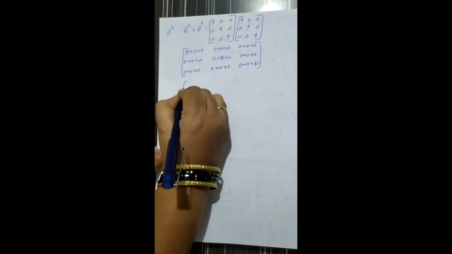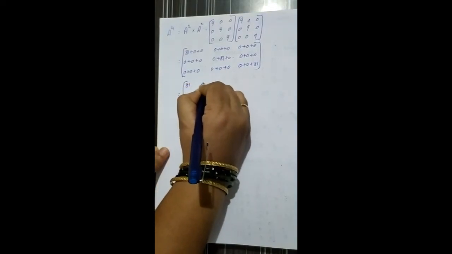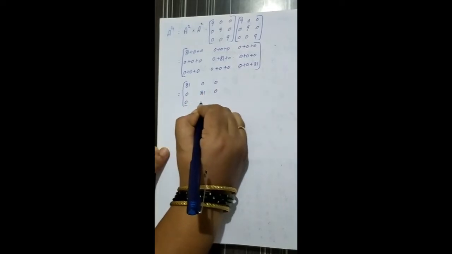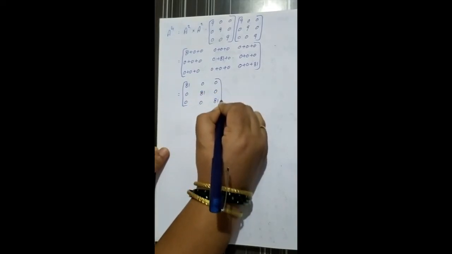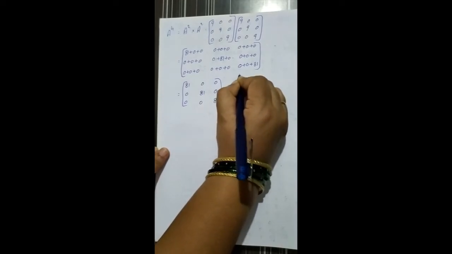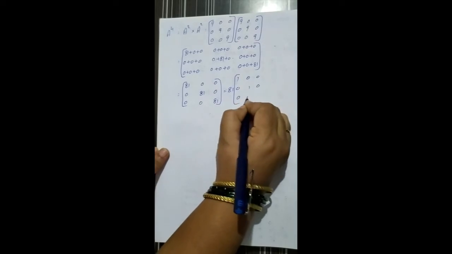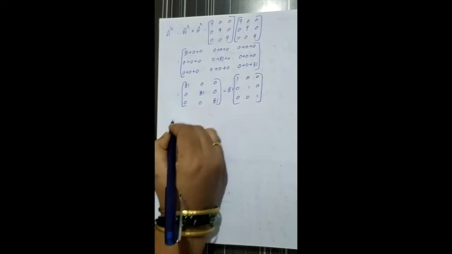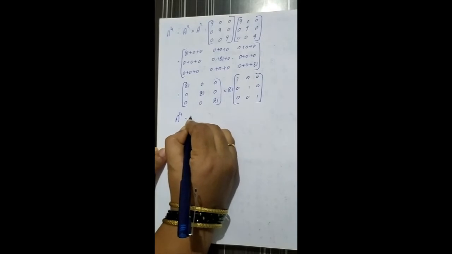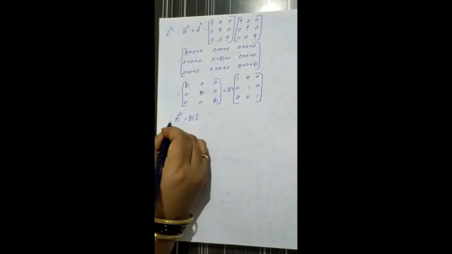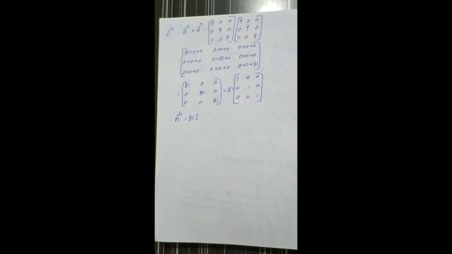That is equal to 81 0 0, 0 81 0, 0 0 81. We can take 81 as common: 81 into 1 0 0, 0 1 0, 0 0 1. That is A power 4 equal to 81 into I.